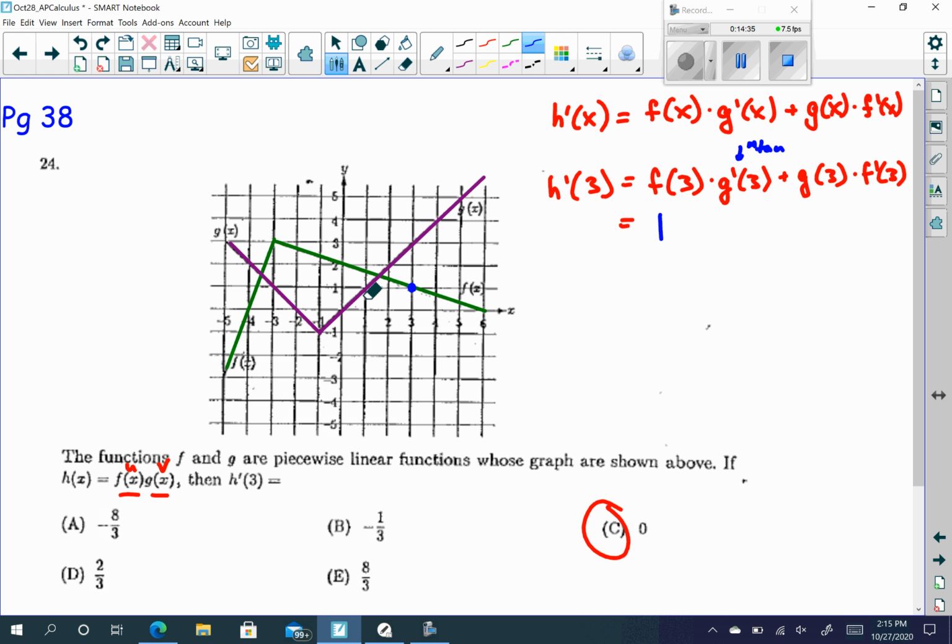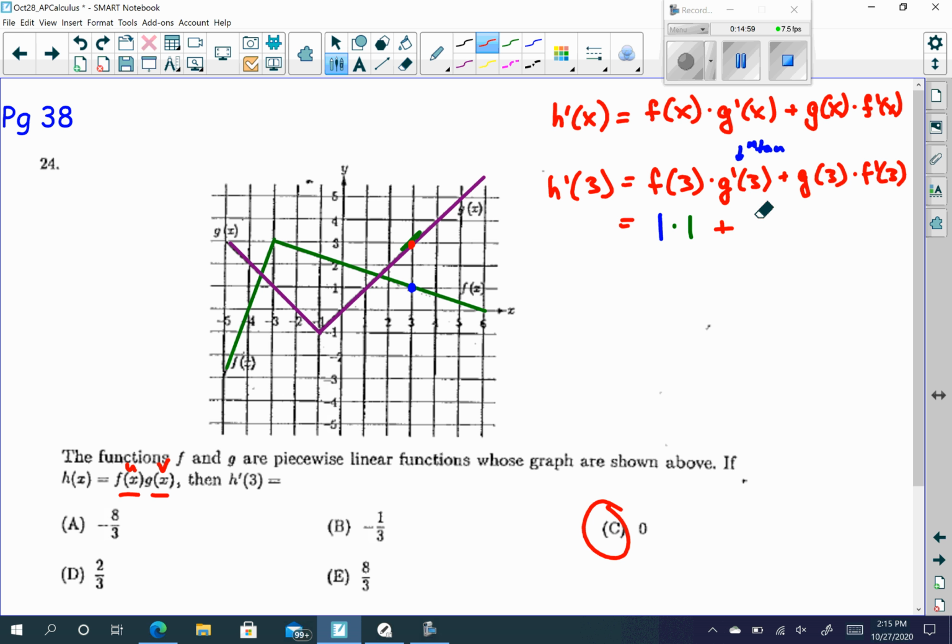So I have to go to the graph of g of x. Now when I go to the 3 here and I find my point, I need the slope of the tangent line. So if we look there, that should be a 1. And we'll do the same for the other two. Now, g of 3, I actually go to the graph and I want to find that point.